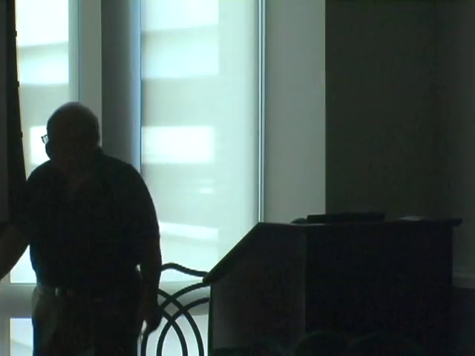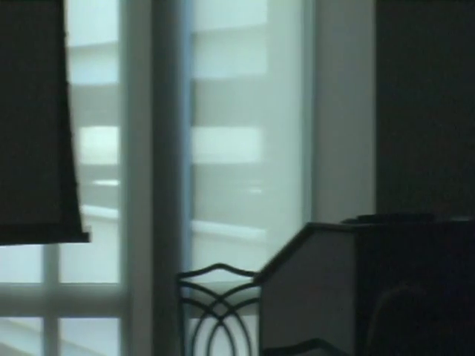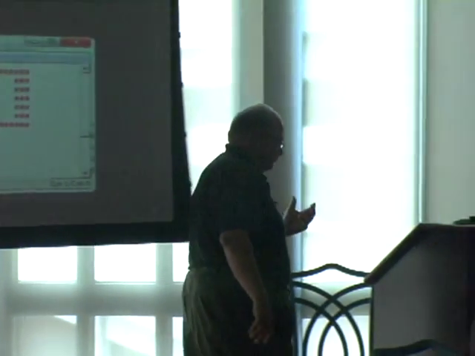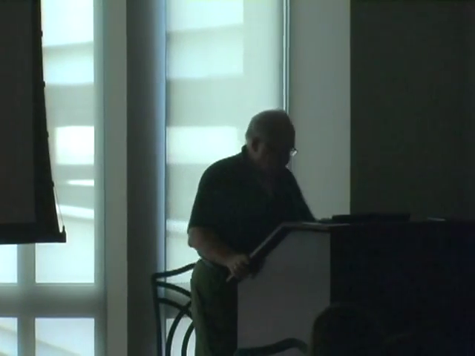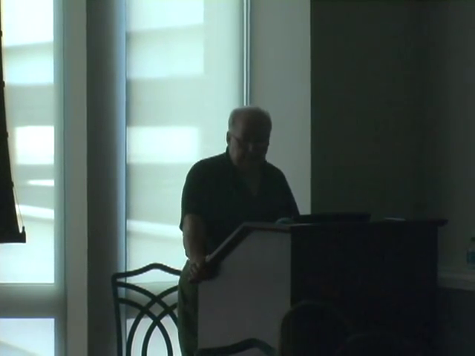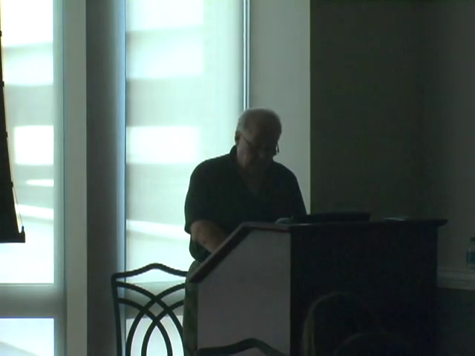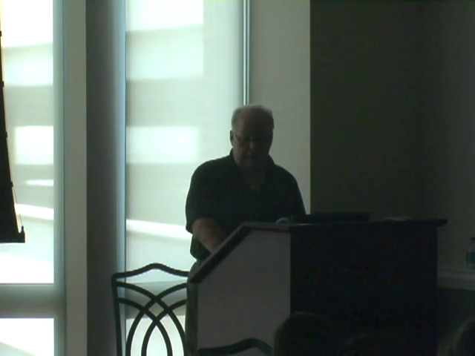Okay. And you'll notice here, I left my light pen at home. Again, our self.accept. Remember the escape key? Well, in Panda, that escape key is known as, quote, a character string called escape. Very much like the arrow keys in the lower right of your keyboard, which are known as arrow underscore left, arrow underscore left up.